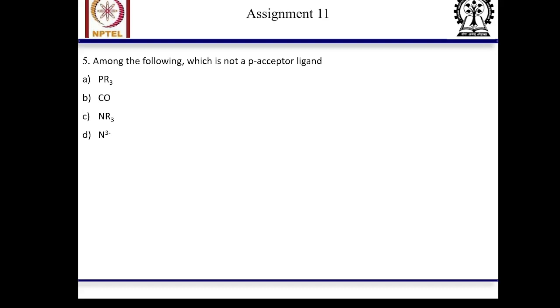Anyone else has answered? Okay, Rupali ma'am has D and this C. Yes, okay.